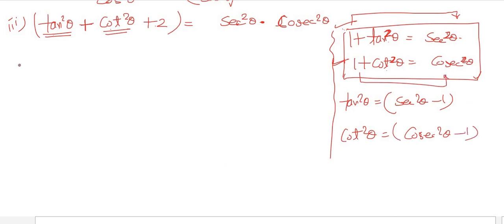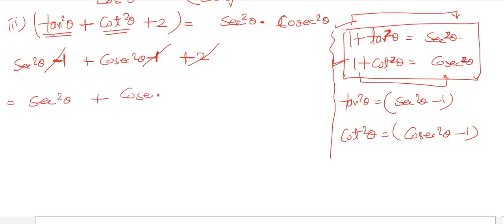So let's use it here. Tan square is sec square minus 1. This is cosec square minus 1 plus 2. Correct? See, minus 1 and plus 2. This all will cancel. So I am having sec square plus cosec square. And what is sec square?